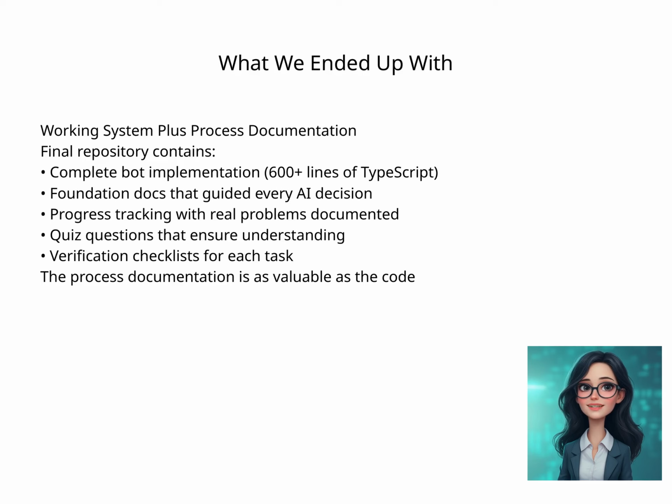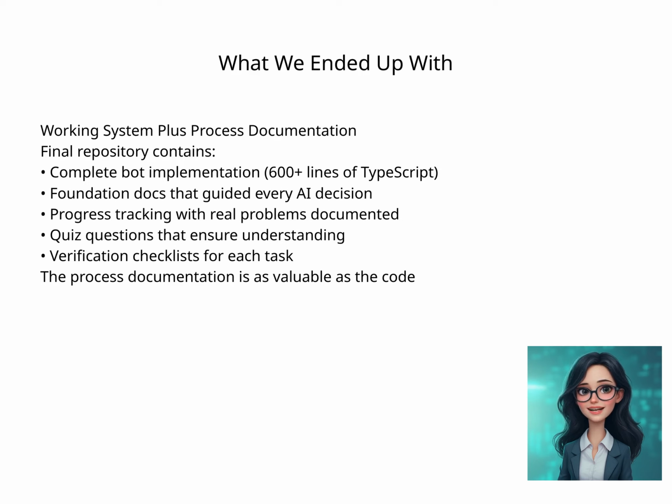The repository contains 600 lines of production-ready TypeScript code, foundation documents that guided every AI decision, progress tracking with real problems documented, quiz questions that ensure understanding, and verification checklists for each task.